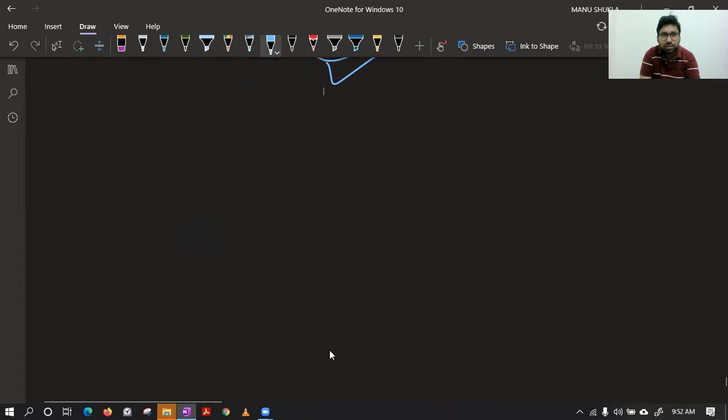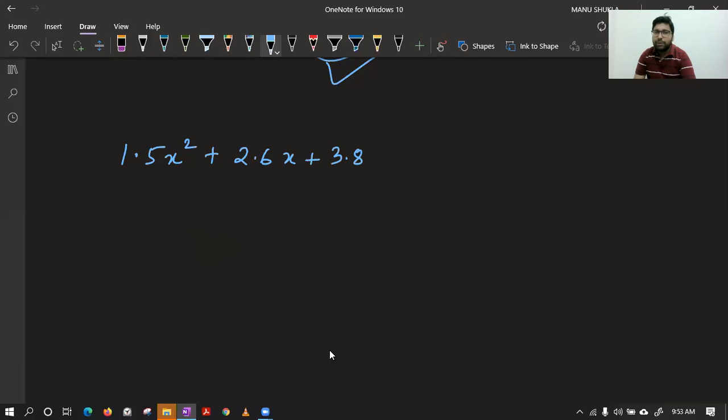Let me give you one more example. Suppose the expression is 1.5x square plus 2.6x plus 3.8. Please tell me the coefficient of x. The coefficient of x is not 1.5. Try to understand. Now it is correct. x and x square are different.